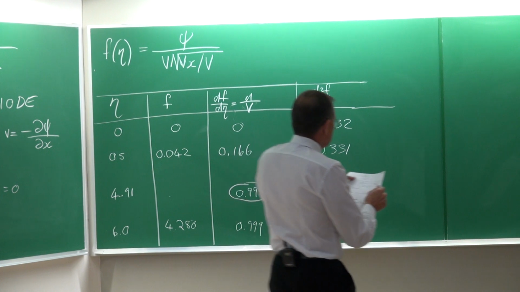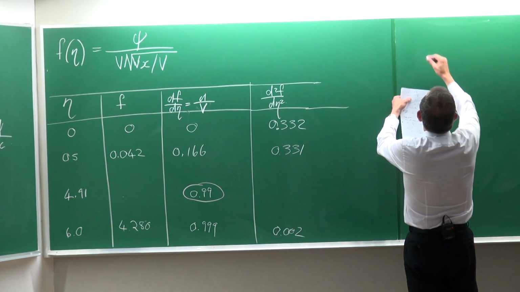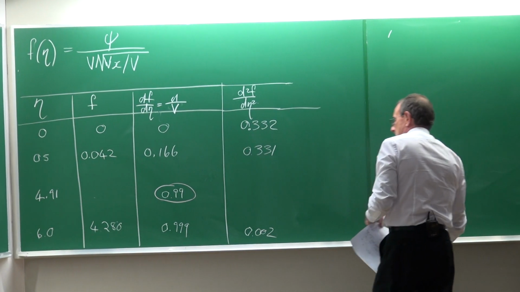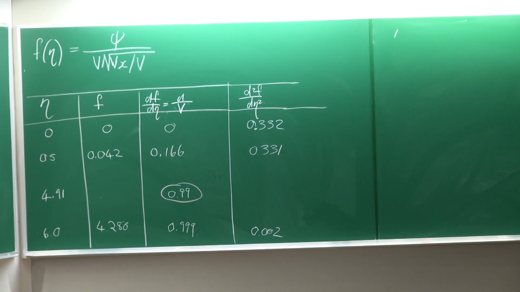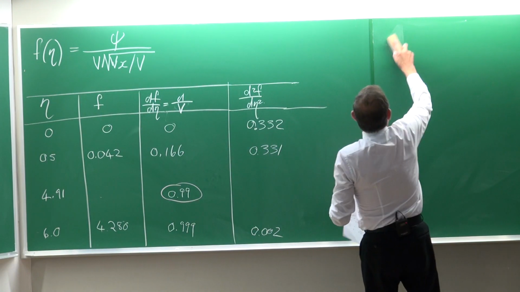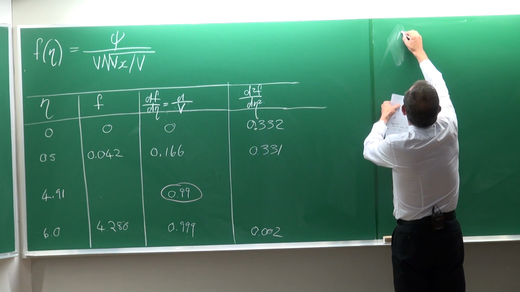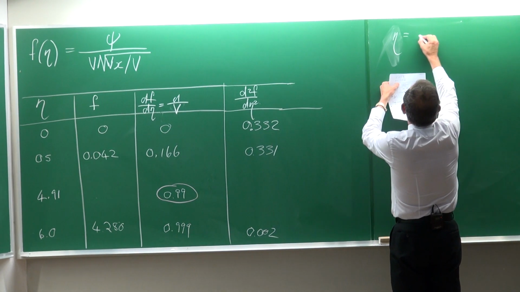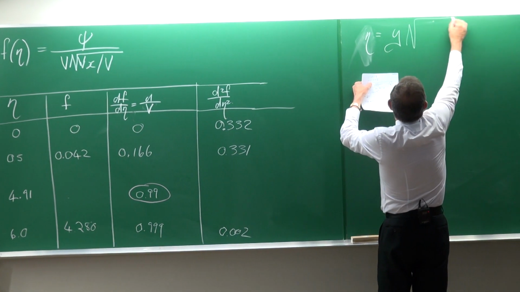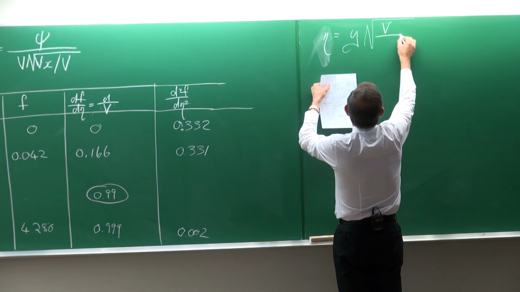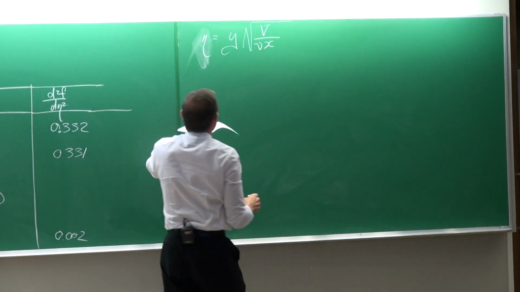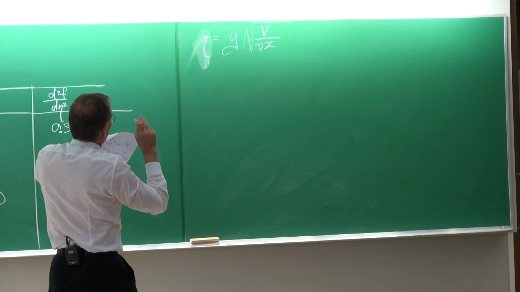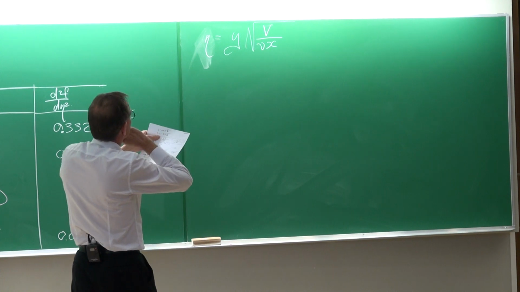And what he then did is he related it to saying that eta is equal to y multiplied by the velocity v, that would be in the y direction, kinematic viscosity in x, sorry, not in the y direction, in the x direction.